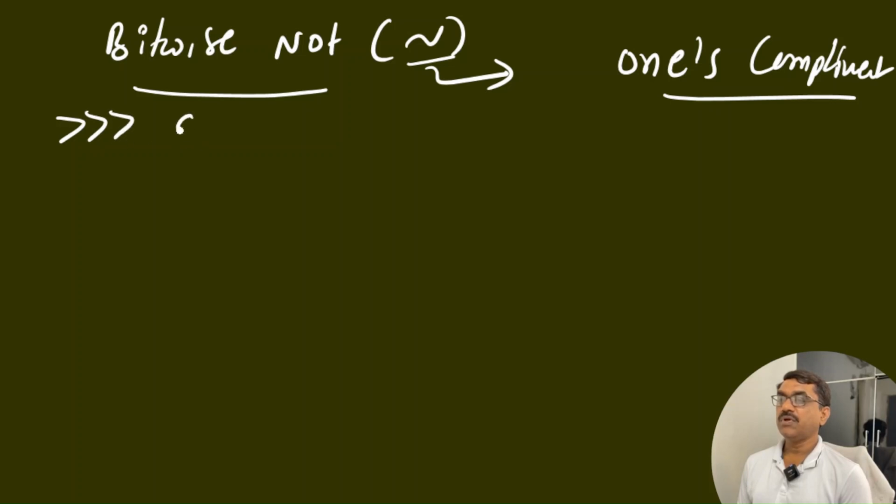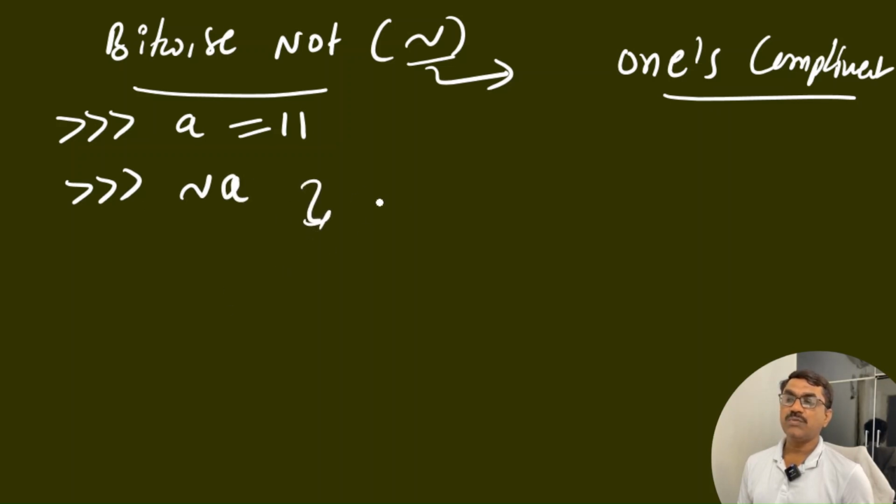At the dollar prompt, you take the value A equals 11. Now, if you say ones complement of A, or we can say not of A, what is the result we are going to obtain? What could be the output? See what happened.